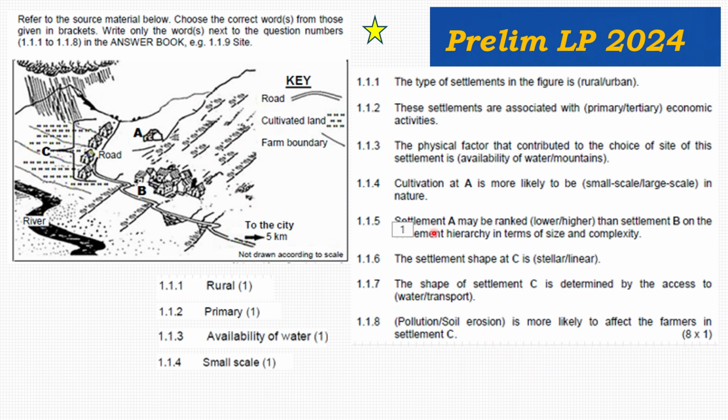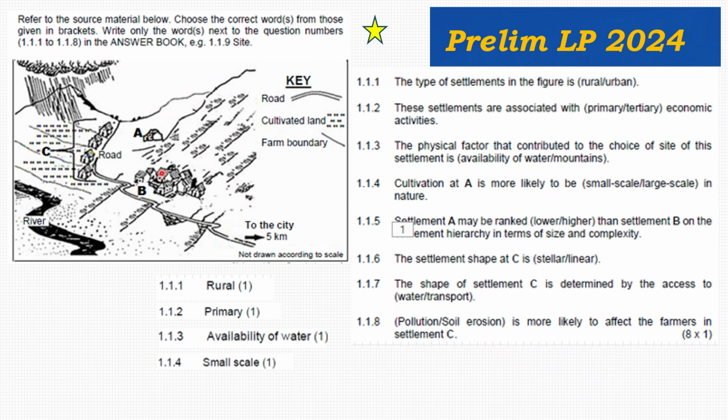Settlement A may be ranked, where is A, lower or higher than settlement B on the settlement hierarchy. On the settlement what? Hierarchy. Remember our settlement hierarchy? We had the smallest settlement being an isolated farmstead, right? Followed by a hamlet, a small grouping of farmsteads.